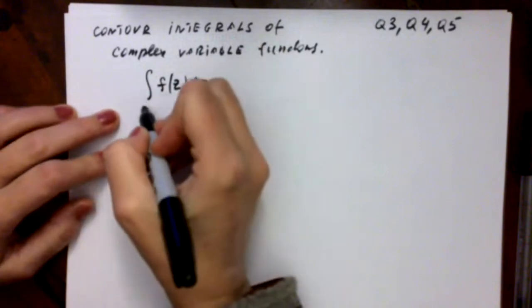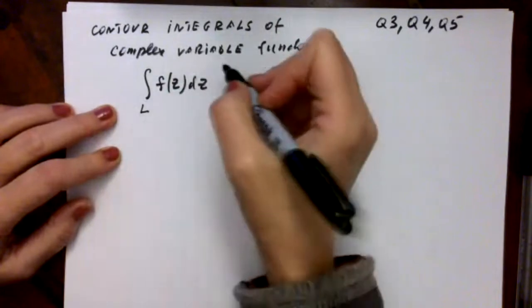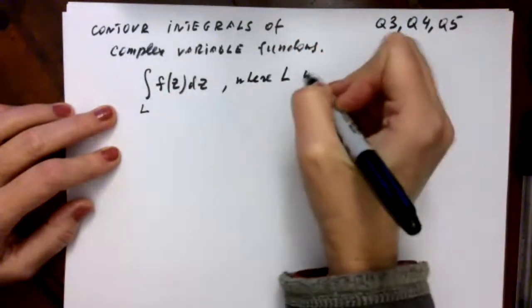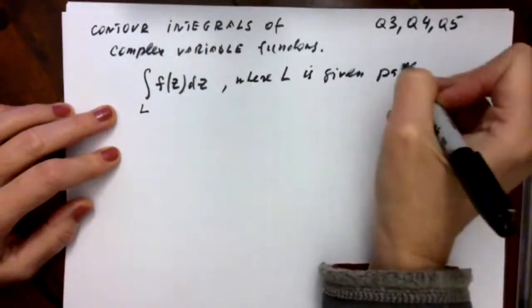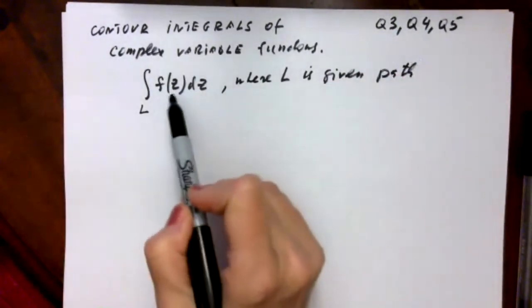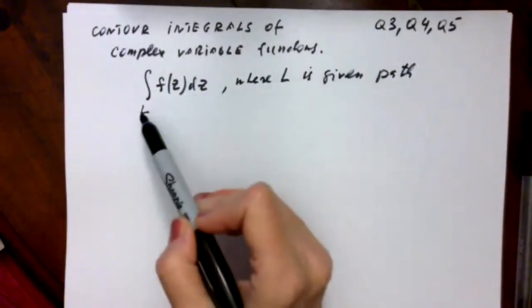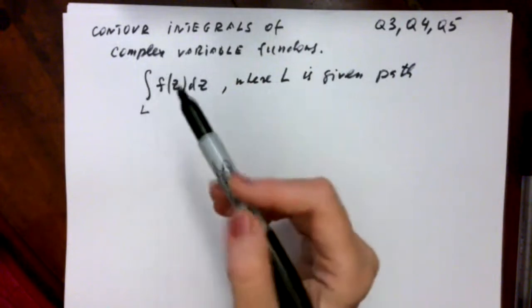And here you can see the notation of some curve, some path, where L is a given path, just like for work integrals. So you need to calculate this integral along a given path from point A to point B, from some start point to some end point.